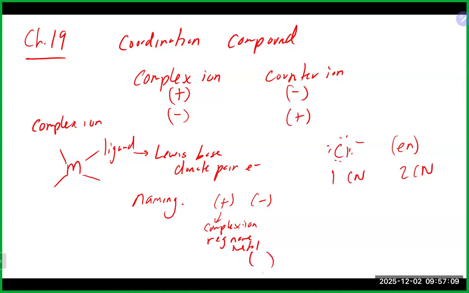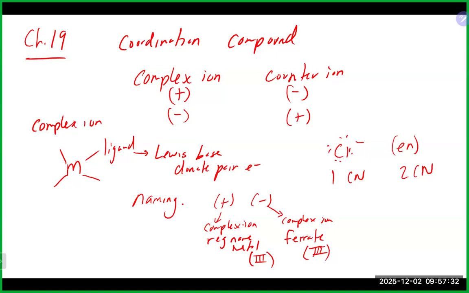We do use Roman numerals in this type of naming. If your complex ion is negative, then you use the old school name, with -ate at the end of it, so ferrate for iron. Also, still use Roman numerals as well.